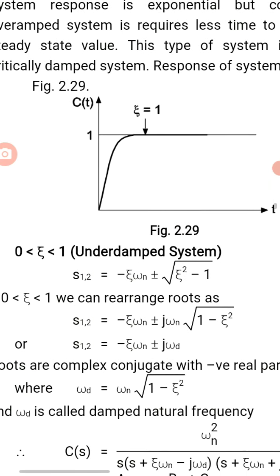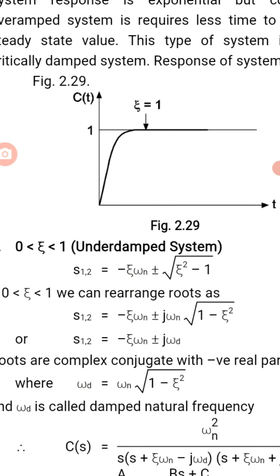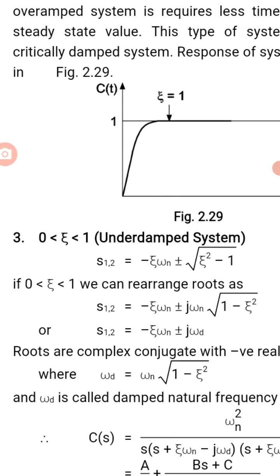For this underdamped system, S1,2 is equal to minus zeta omega n plus or minus omega n square root of zeta square minus 1. By rearranging, the roots are minus zeta omega n plus or minus j omega n square root of 1 minus zeta square. So these roots are complex.